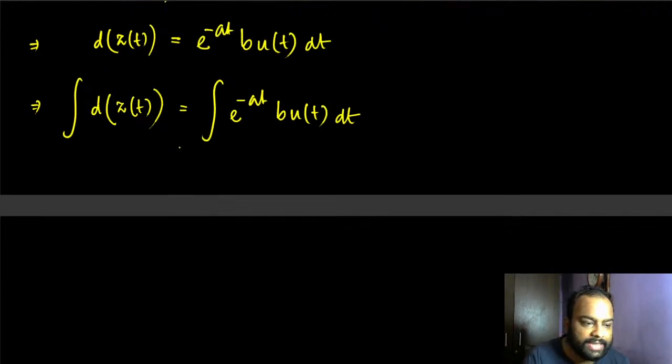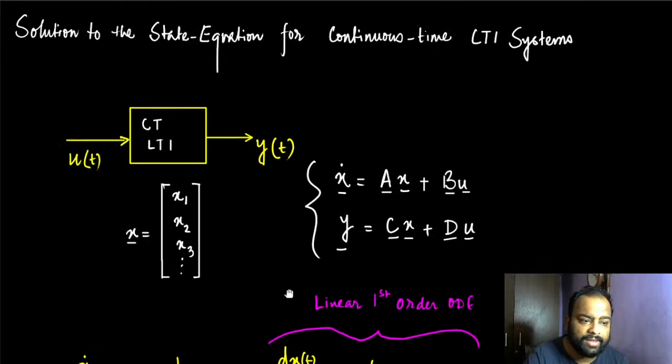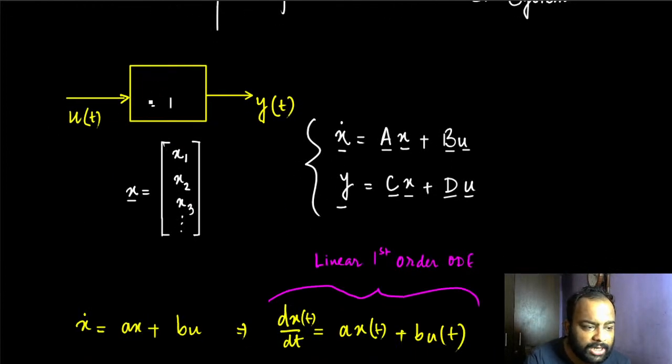All right. So this is a differential equation with respect to time, and here notice that time varies from 0. What we are saying is that this system is not only a continuous time linear time invariant system, it is also a causal system. I should rather say it's a causal continuous time linear time invariant system.